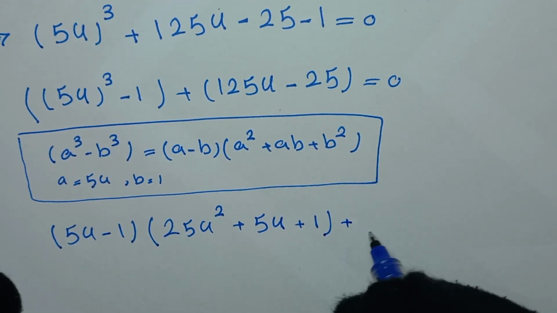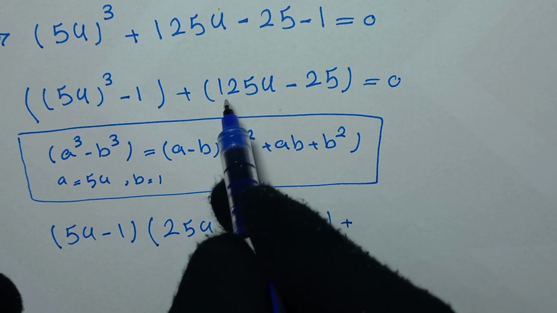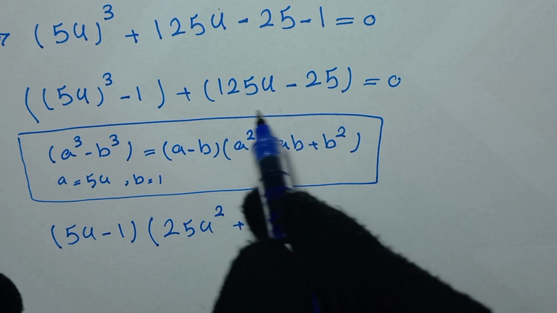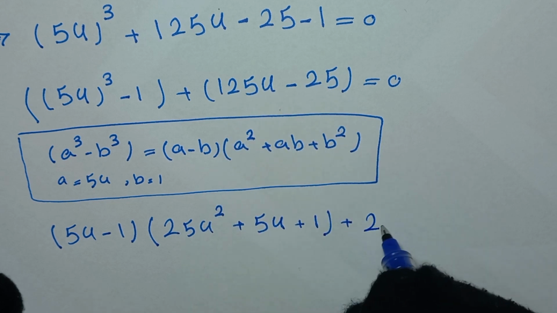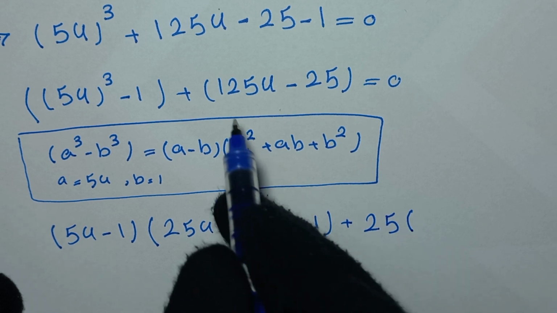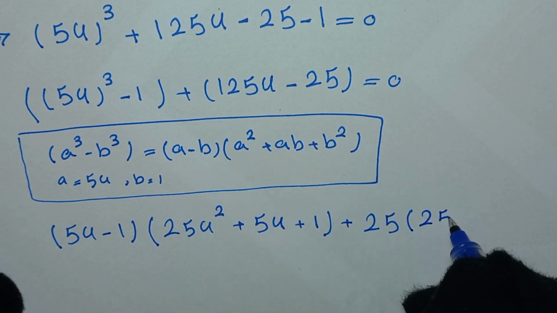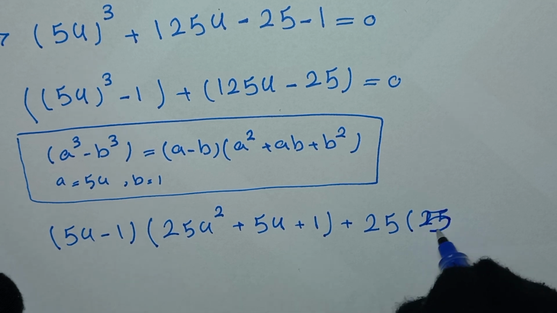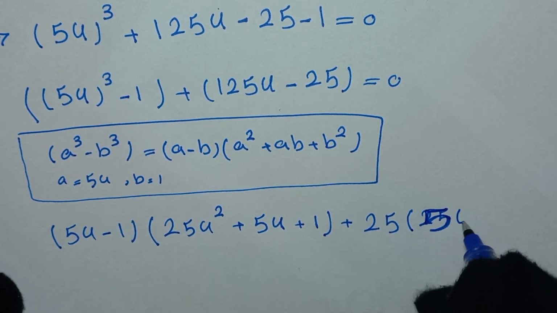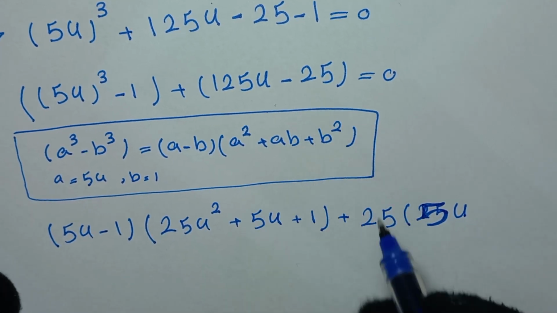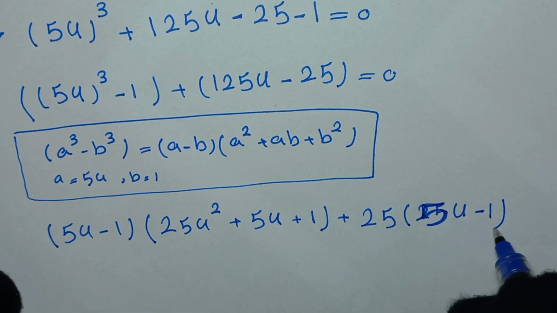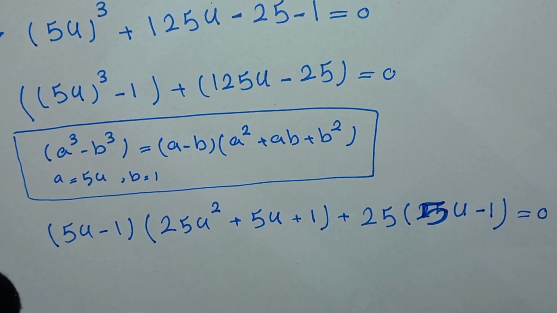And plus, here we have 125u minus 25, and we factor 25, and this divided by 25 will be 5u, and this divided by 25 will be negative 1, is equal to 0.